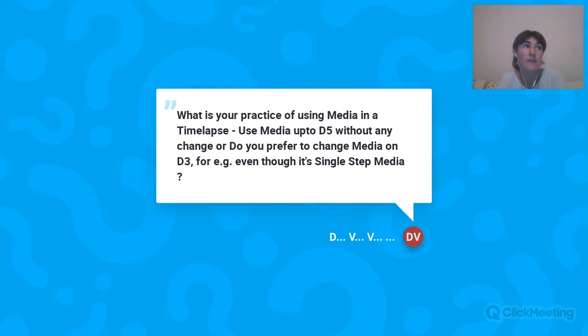It's my experience that single-step media, which is good media, will give good results. I'm skeptical that sequential media will improve the results greatly unless that particular media is very good. I think there's a difference between one media and another. But as far as I know, I don't think there's a big difference between single-step media and sequential media.